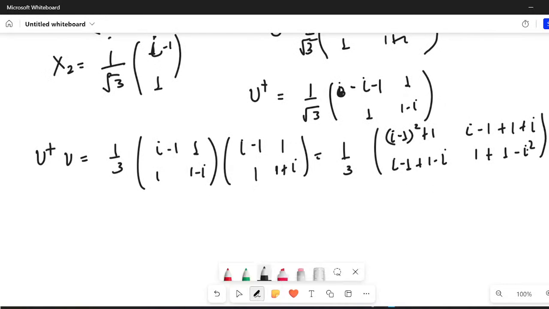I hope it is clear. So what you are getting after all, this is 1 upon 3. 1 minus iota whole square will give you iota square. It is not 1 minus iota square, it is 1 minus iota whole square, right?